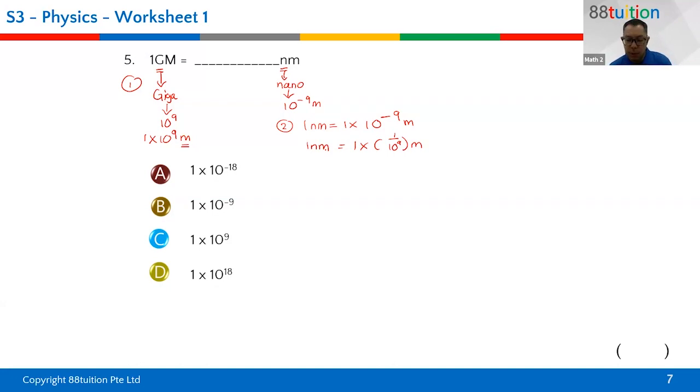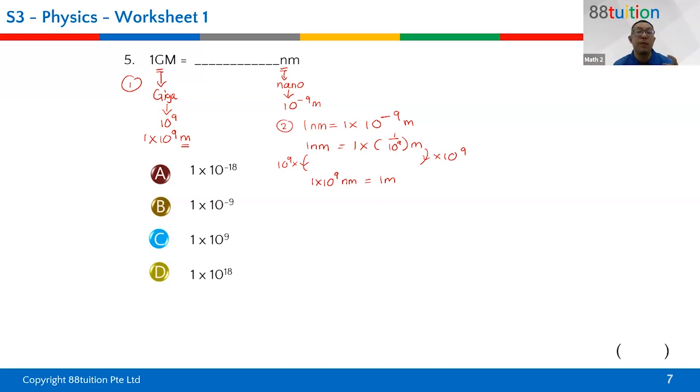It's a bit tedious. So we just keep it like this. Both sides times 10 power 9. And I will get 1 times 10 power 9 nanometers equals to 1 meter. Everybody clear so far?